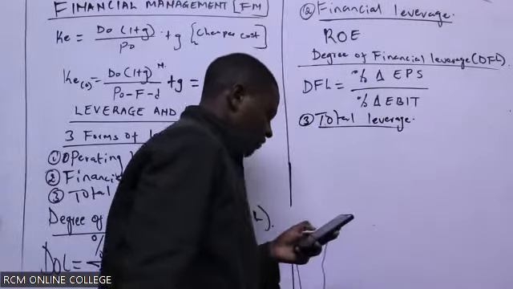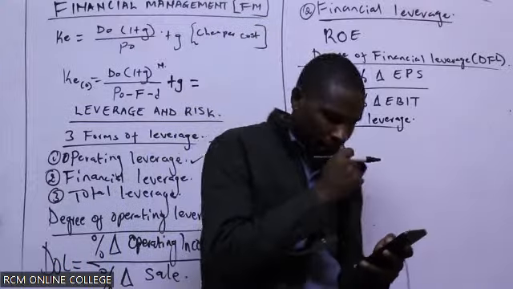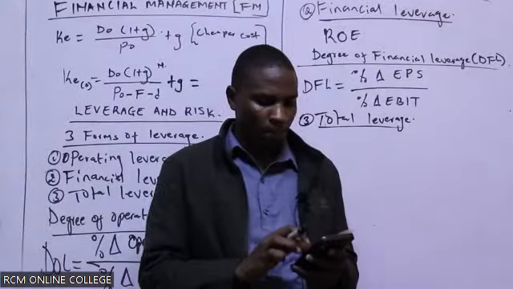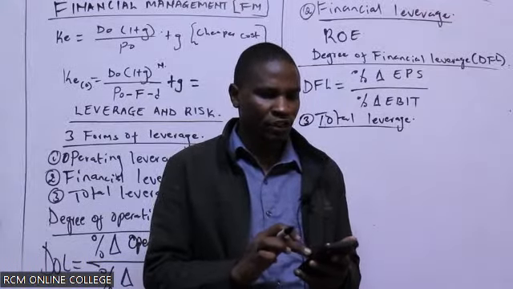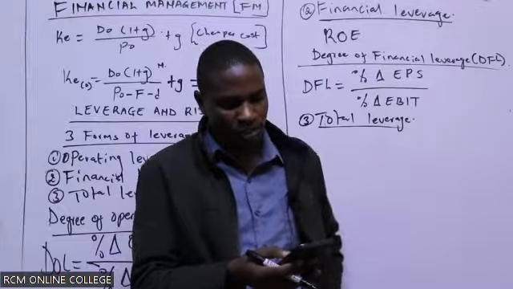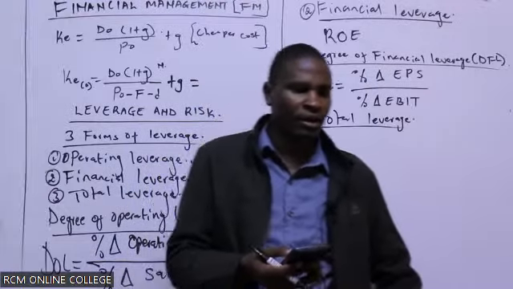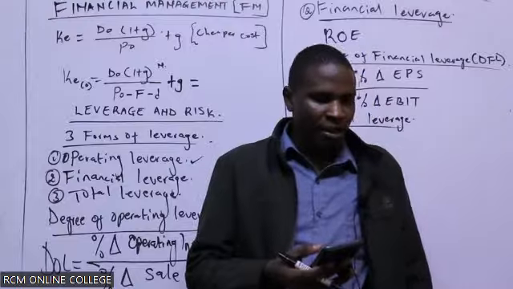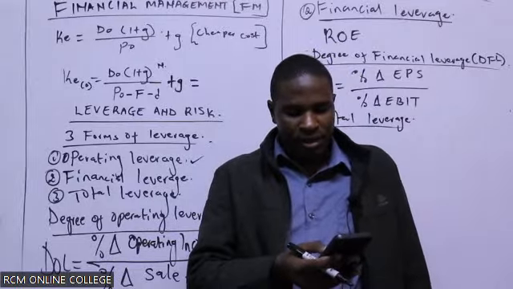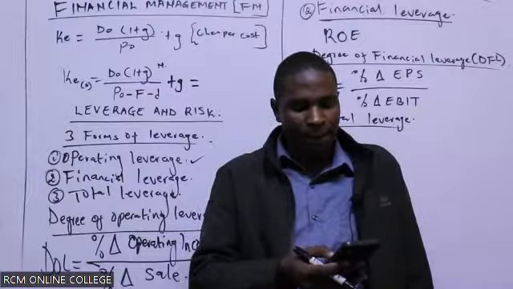So for the total leverage, you just say it is the combined effect of both operating leverage and financial. Pardon, last sentence. Hiyo ya mwisho tumesema tu, it's just a matter of picking the high level concept.